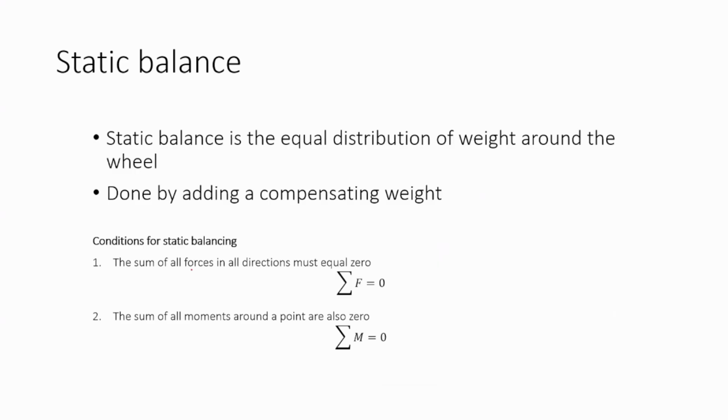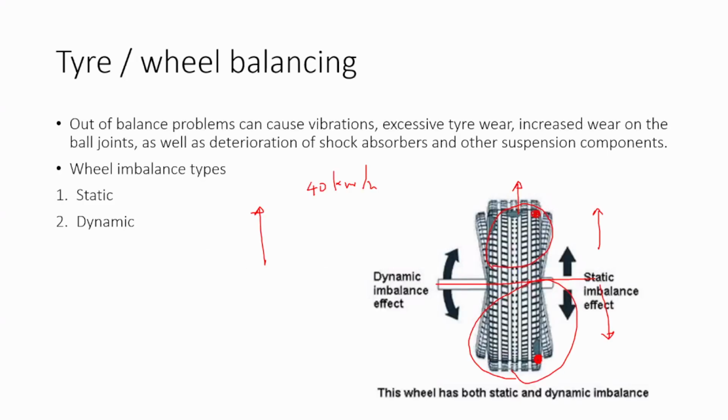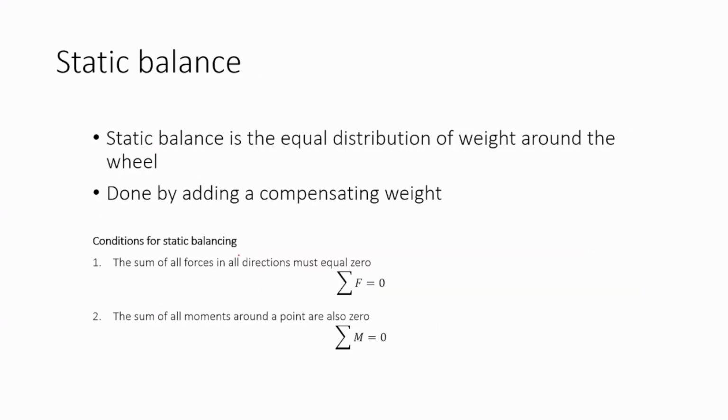So these are the conditions for having a statically balanced system. All the forces should be equal to zero. All the moments around the rotating point should be equal to zero, right? So that is the statically balanced, but the system is still dynamically imbalanced.